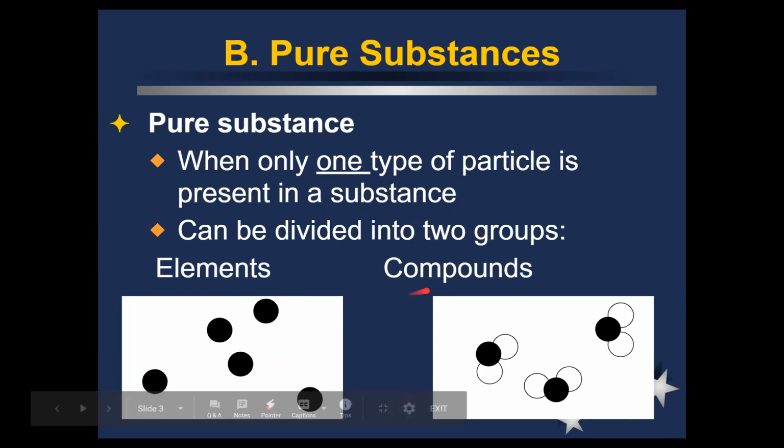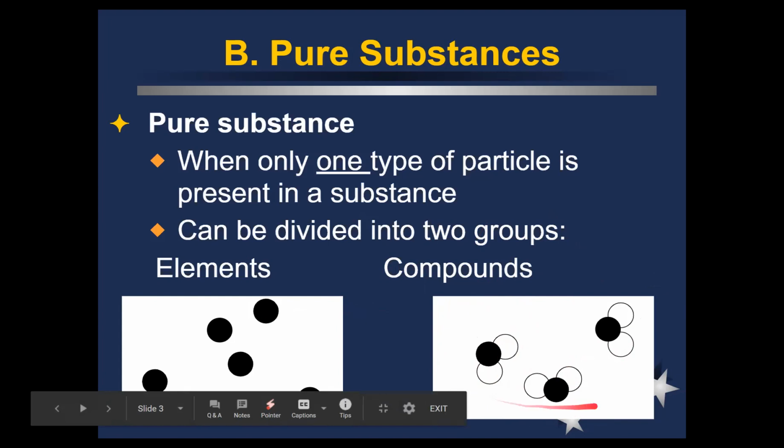The other one is compounds. And a compound is when we have two or more different atoms. So in this case, we have the little black dot atom and the white circle atom that are bonded together. They're different atoms that have been bonded into a compound.